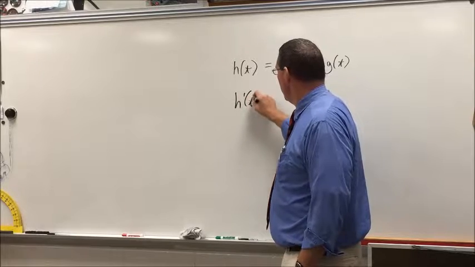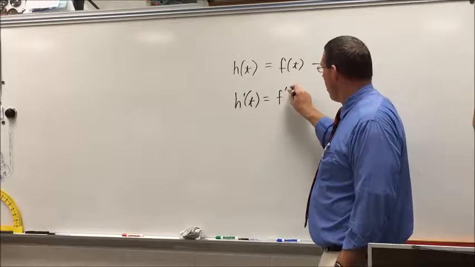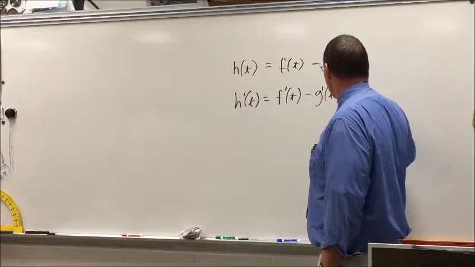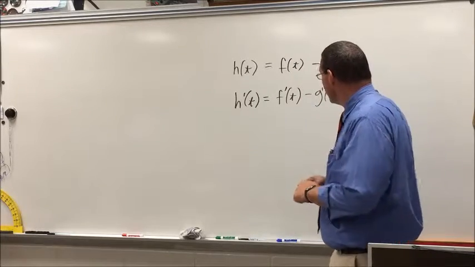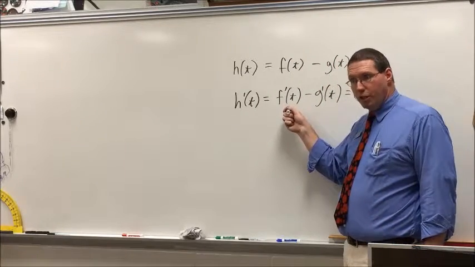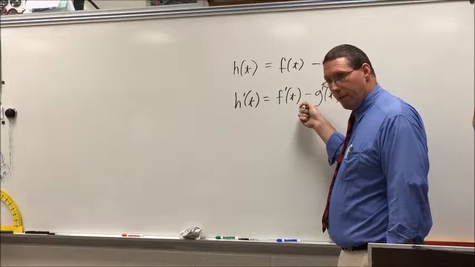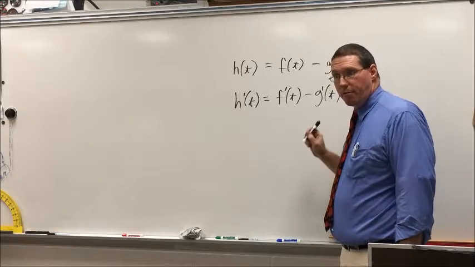H prime of t would be equal to f prime of t minus g prime of t, and set it equal to 0. So what you could do is take the functions, plug this function into the calculator, hit the minus button, put this function in, and then find the 0.